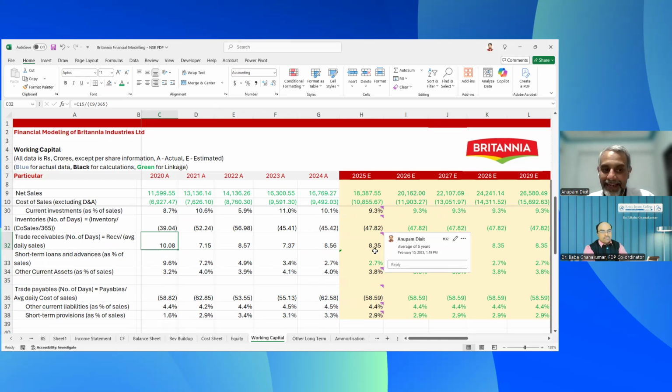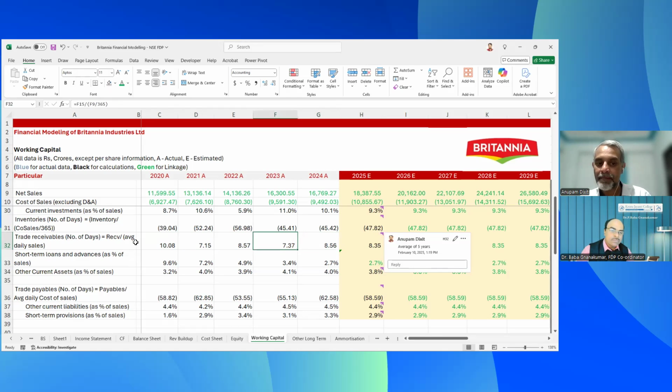How we calculate it is receivables divided by average daily sales, right? So sales divided by 365, we arrive at average daily sales, and receivables divided by average daily sales gives us the number, right? So for this company, the receivables were 10 days, 7.5 days, 8.57, 7.37, 8.56, right?